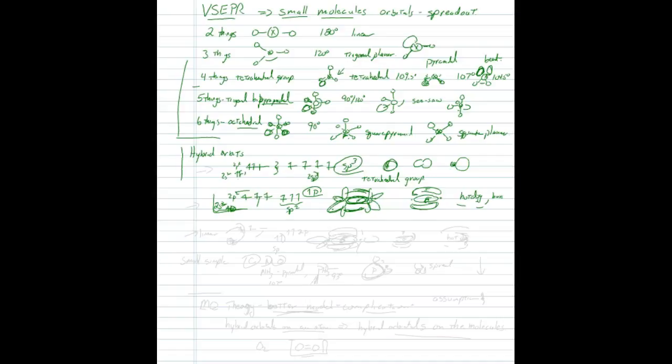So that explains the tetrahedral group. This explains the trigonal planar group, and now the linear group with the carbon hybridization like we do. You have 2 here, 1 here, 1 here.